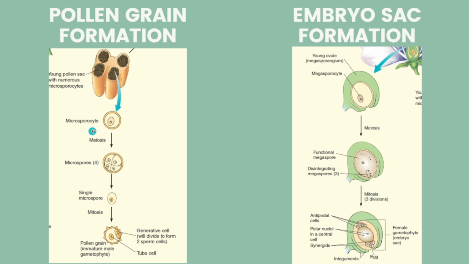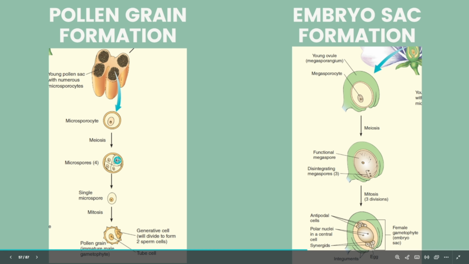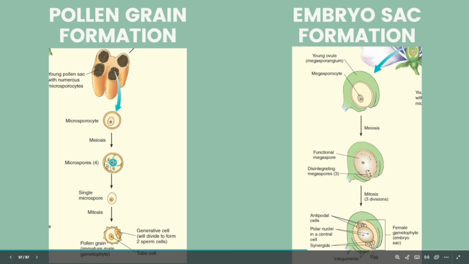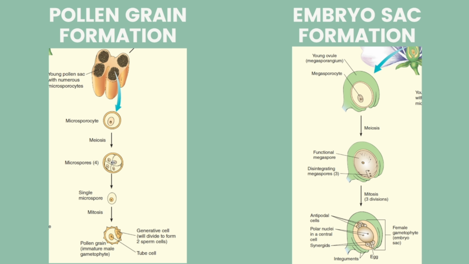This microsporocyte will undergo the meiosis process. Before that it is in the diploid stage, the sporocyte stage. Once they undergo meiosis, this is the gametophyte stage.